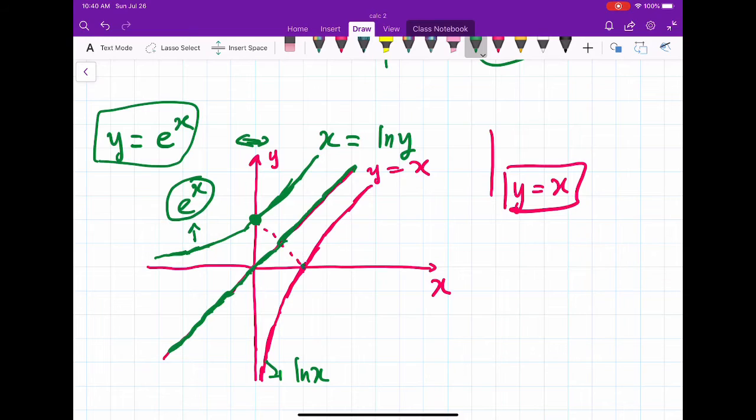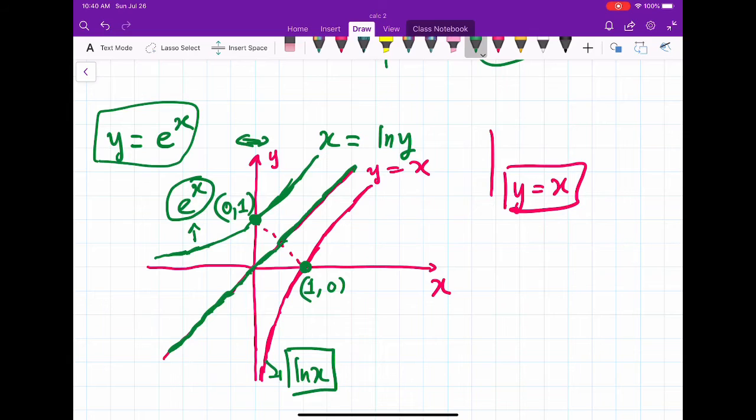So here's a very good thing we need to memorize. The graph of ln of x passes through the point (1, 0), while the graph of exponential function e to the x passes through the point (0, 1). Don't forget that.